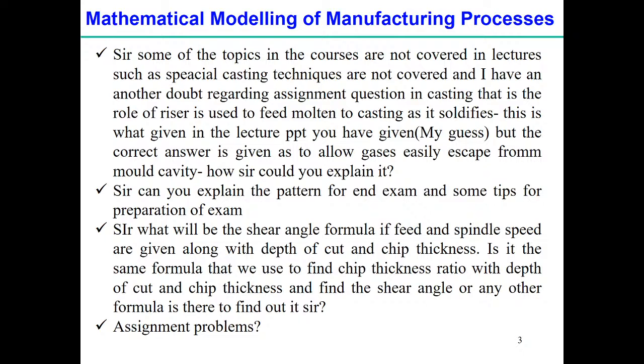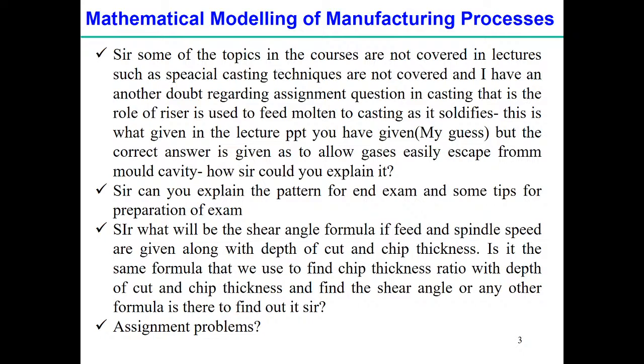So we simply convert the feed rate into the uncut chip thickness and width of the chip, and then use this formula to estimate the chip thickness ratio or the shear angle. That formula you can use; you have to link it with the problem. The relation between feed and the uncut chip thickness is different for different processes.